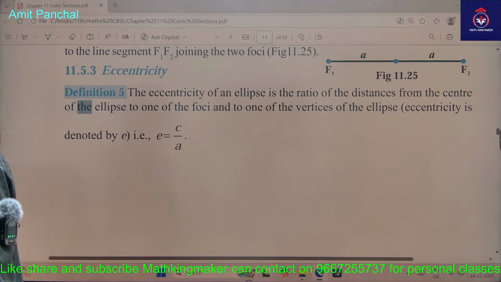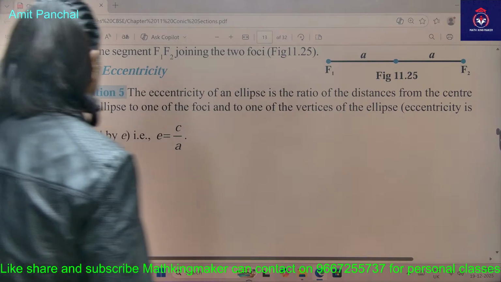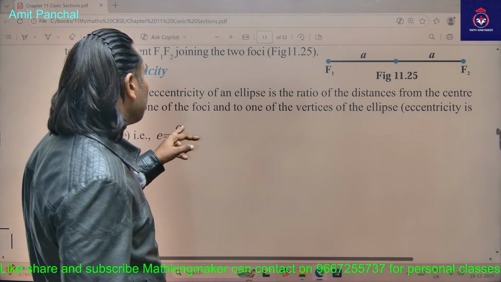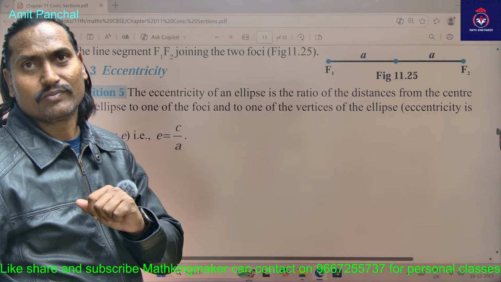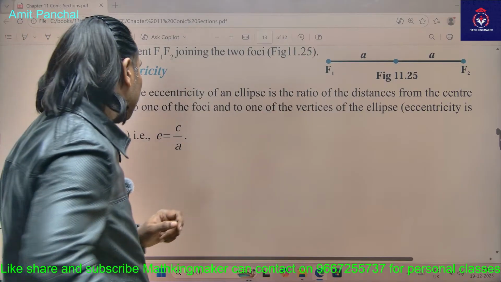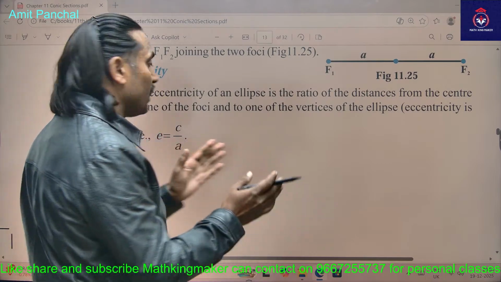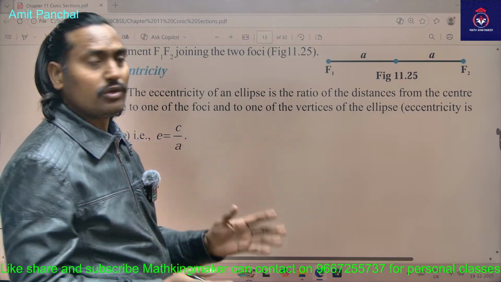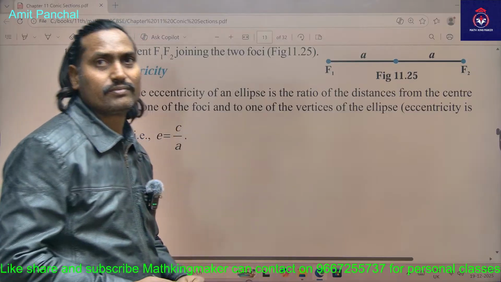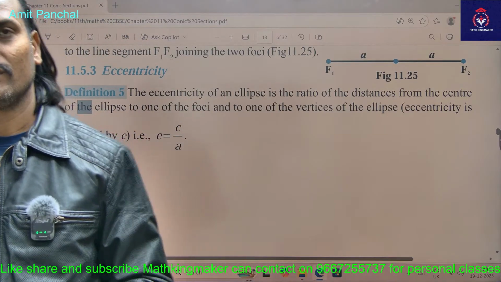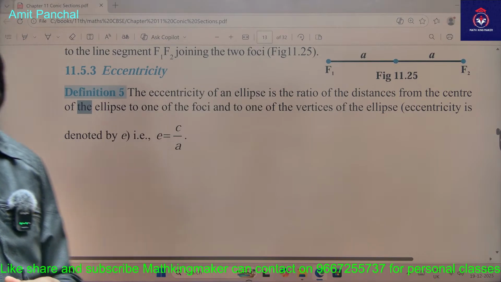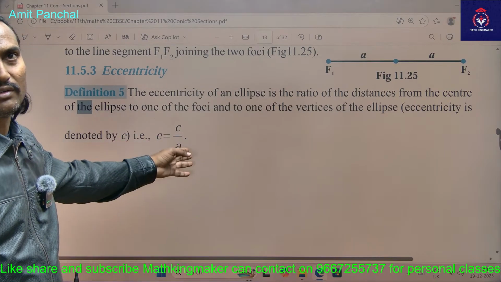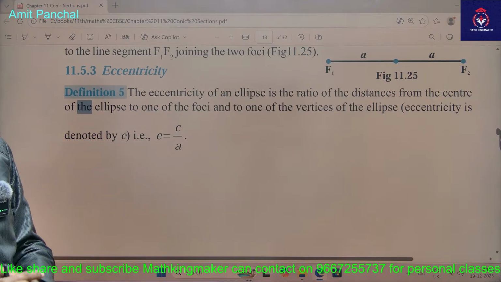C is the square root of A square minus B square. And the square root of A square minus B square is always lesser than A. So that's why your eccentricity will be lesser than 1 in the case of an ellipse.